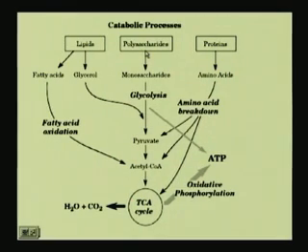Now, what we are interested in is the breakdown of the monosaccharides, particularly the process of glycolysis that takes glucose and breaks it down into pyruvate, and later on we will see how this pyruvate then gets into the tricarboxylic acid cycle or the Krebs cycle to finally get to water and carbon dioxide.